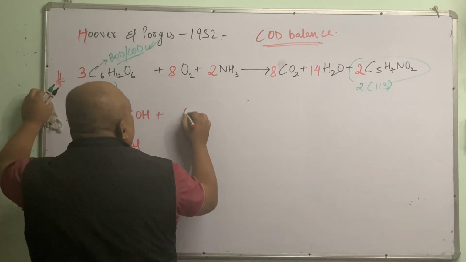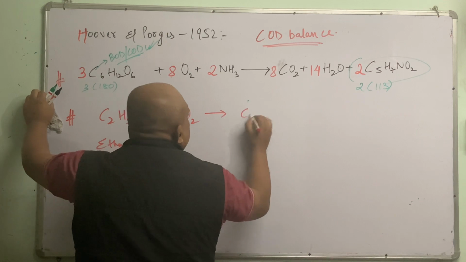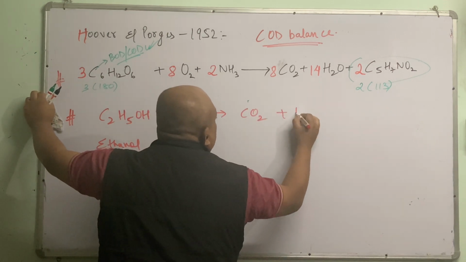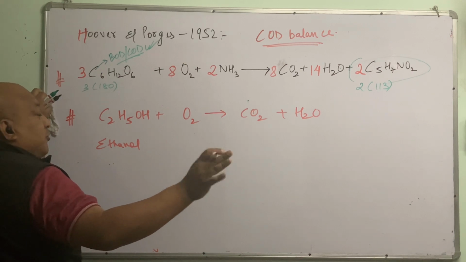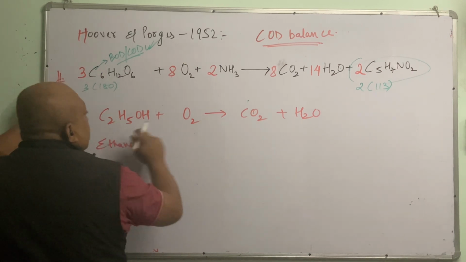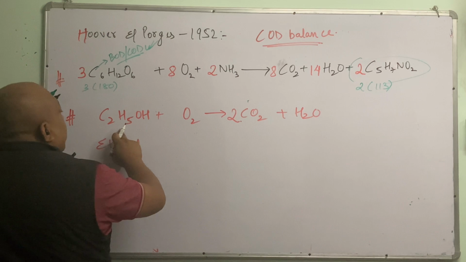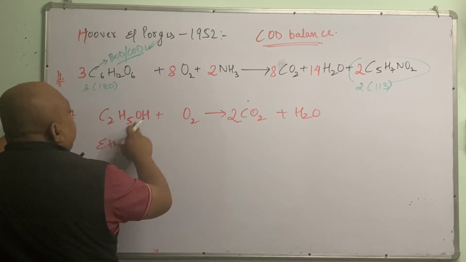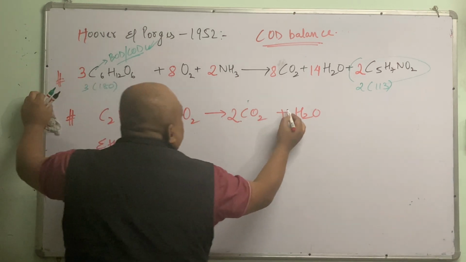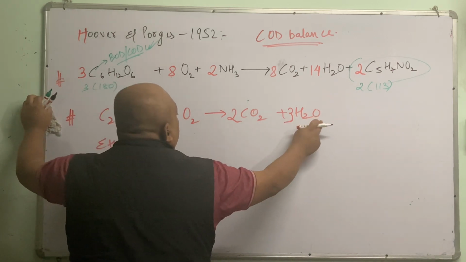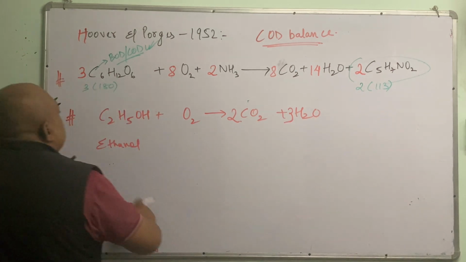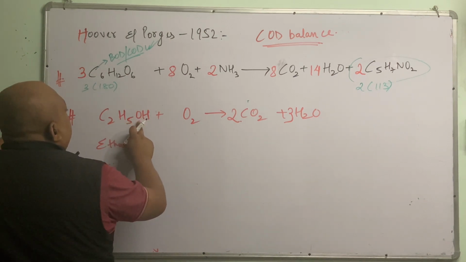So you can do O2 converting into CO2 plus water, provided there are no other molecules like nitrogen, phosphorus, whatever. It's easy for you. So 2 carbon means 2 here. Hydrogen is 5, hydrogen is 6, so you put 3 here. Oxygen is 2 into 2 is 4, 4 plus 3, 6. 1 is already there.